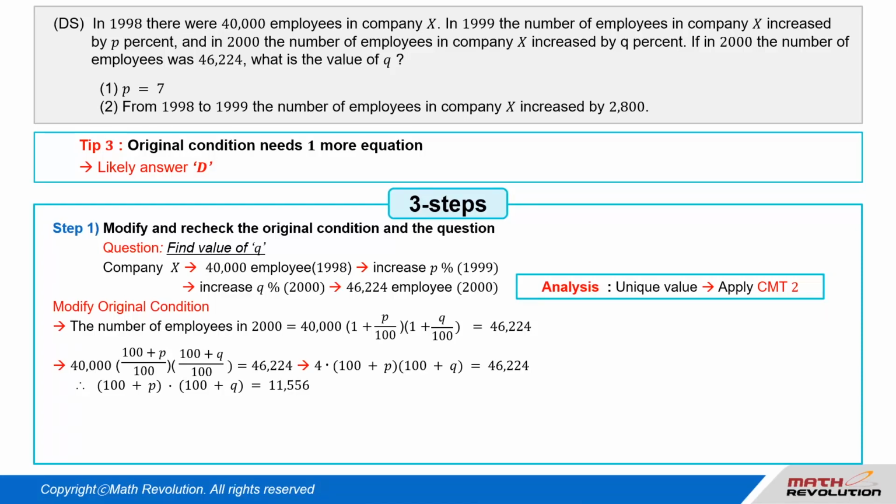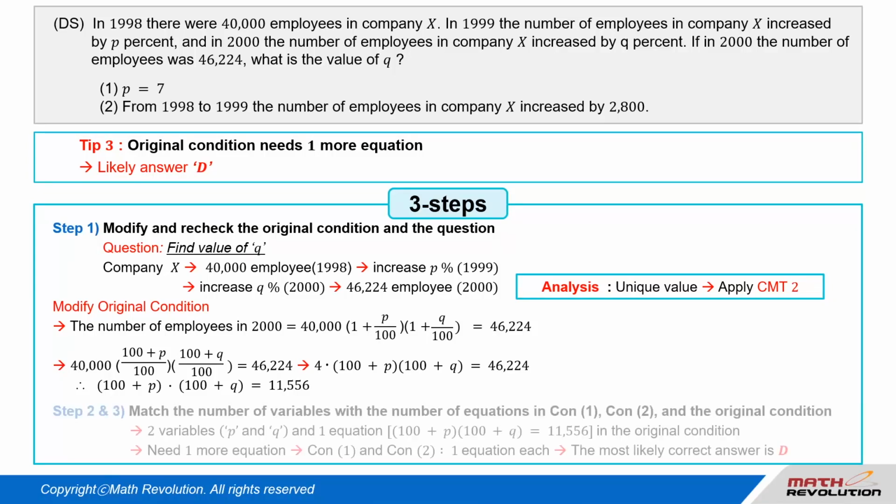40,000 times (100 plus P over 100) times (100 plus Q over 100) equals 46,224, or 4 times (100 plus P) times (100 plus Q) equals 46,224. That is, (100 plus P) times (100 plus Q) equals 11,556.